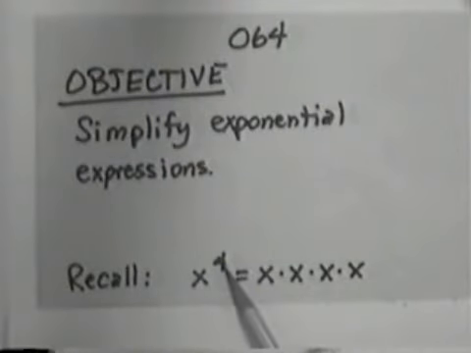The exponent 4 tells us how many times to use the base x as a factor. This leads to a very simple procedure for simplifying exponential expressions.